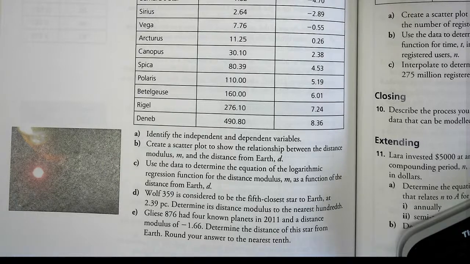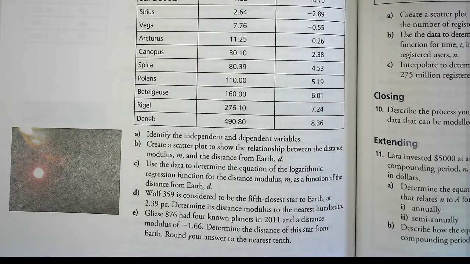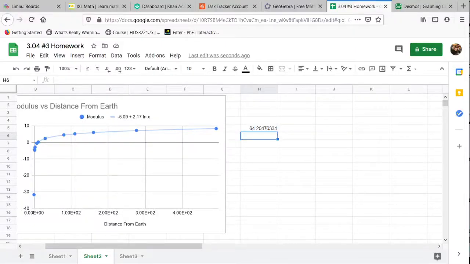So then finally, Gliese 876 had 4 known planets in 2001 and a distance modulus of negative 1.66. Determine the distance from Earth. So here we're doing it in reverse. Our distance modulus is a negative 1.66.